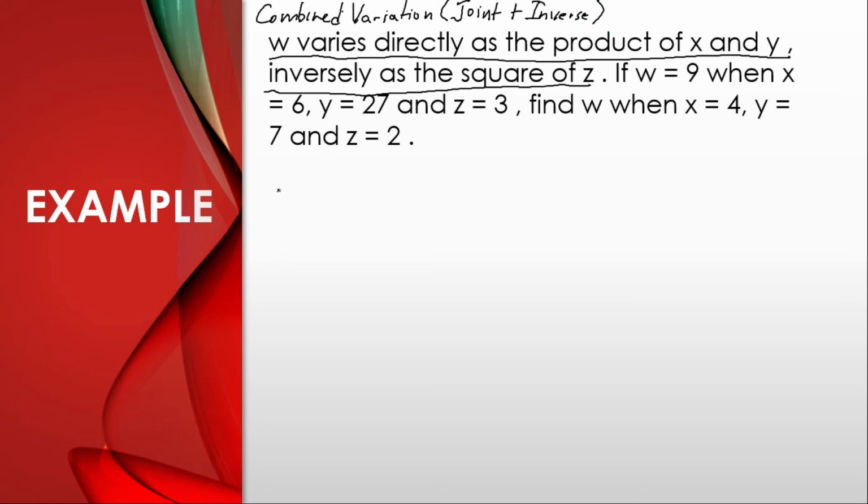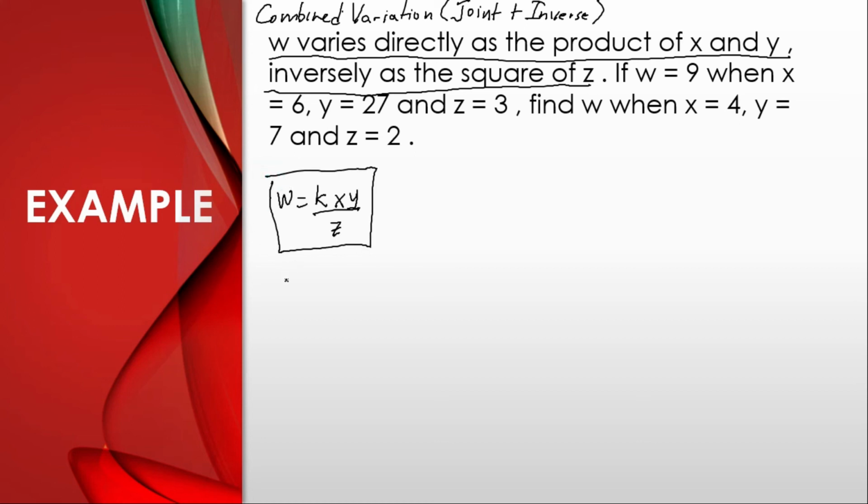So, w is equal to k, product of x and y, that is x and y, over, kasi inverse yan, so z. Diba sabi ko kanina, kapag joint, nasa taas yung dalawang variables, nasa numerator. Kapag inverse naman, nasa denominator yung ating variable. So, ito na yung ating equation na gagamitin for the rest of our solving.